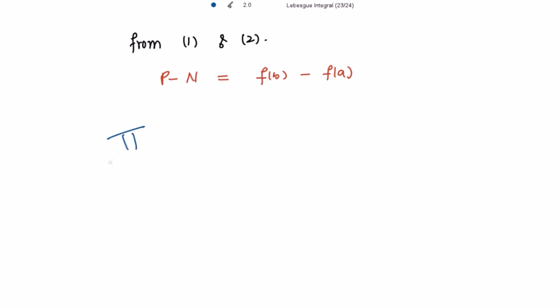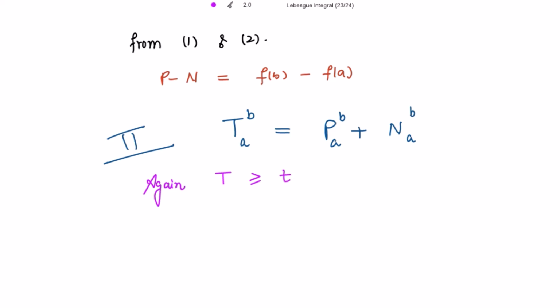And now we are going to prove the second result, that is, the total variation of f over closed interval [a, b] is equal to the sum of the positive variation and the negative variation of f over closed interval [a, b]. We know that, again, capital T is greater than or equal to small t. This we know, right? And we also know that small t is equal to the sum of small p and small n.